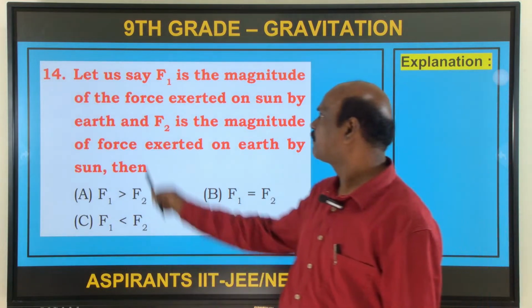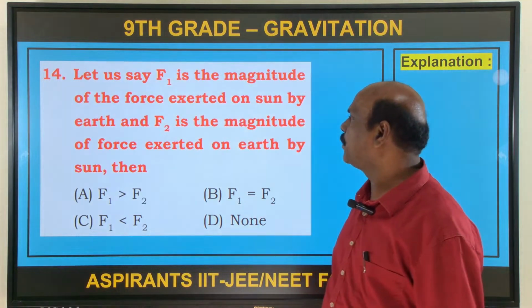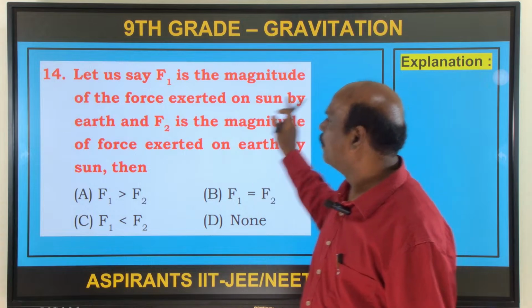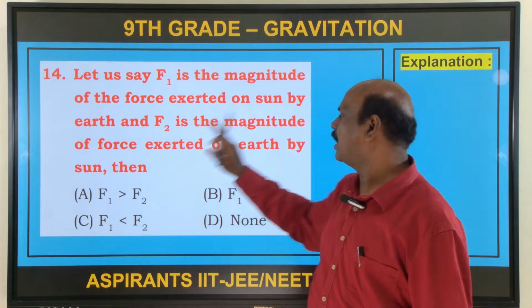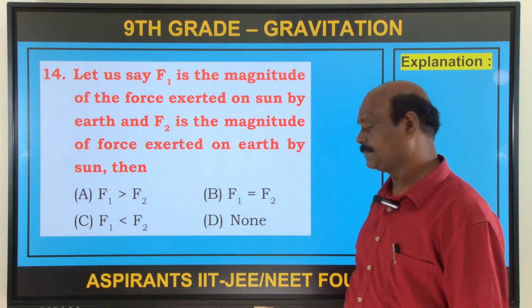Next, let us say F1 is the magnitude of the force exerted on the sun by the Earth, and F2 is the magnitude of the force exerted on the Earth by the sun.